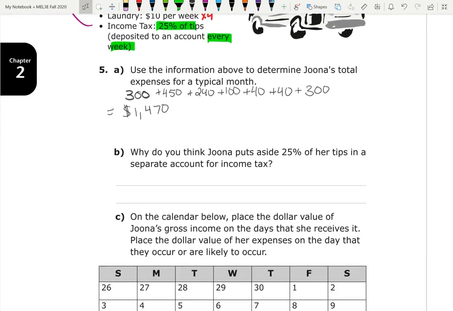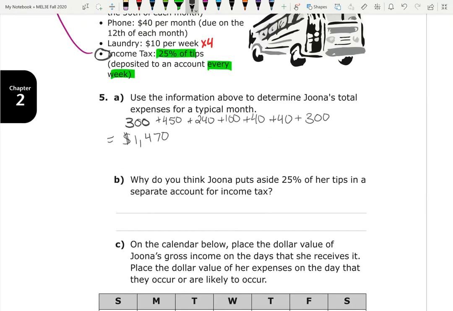So why do you think Juna puts aside 25% of her tips in a separate account for income taxes? Remember, this bottom one here says that she deposits 25% of her tips in an account every week. Well, that's because even though they're tips and she usually receives them in cash, she still needs to claim them on her income taxes.